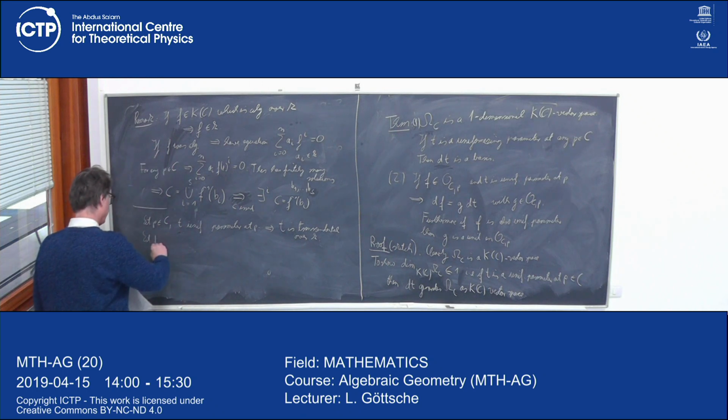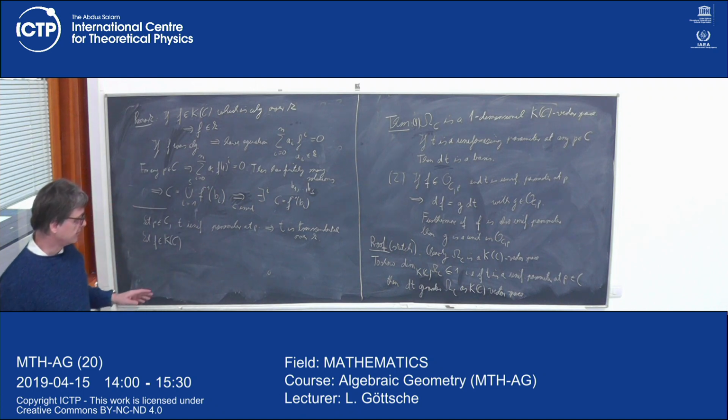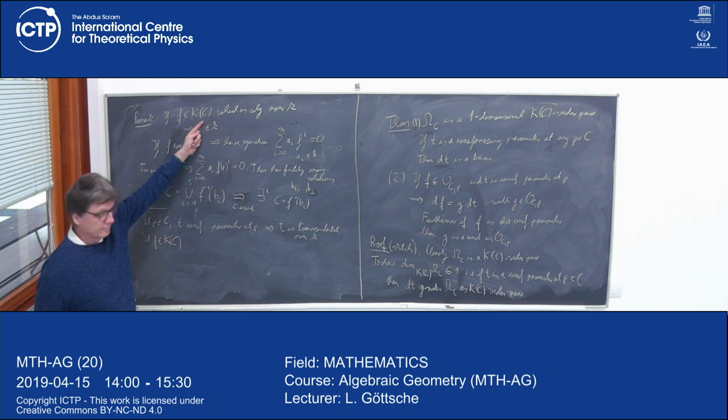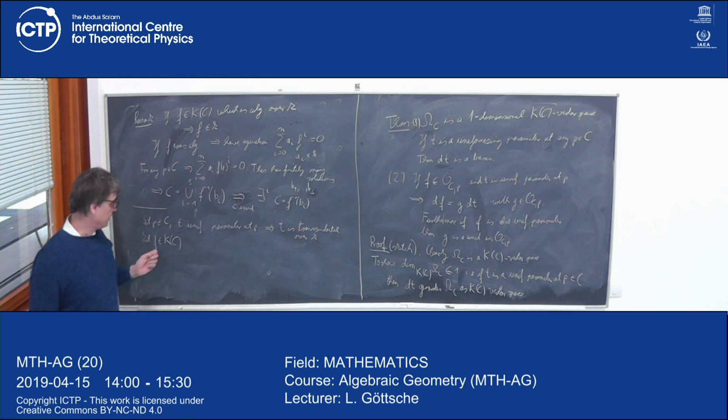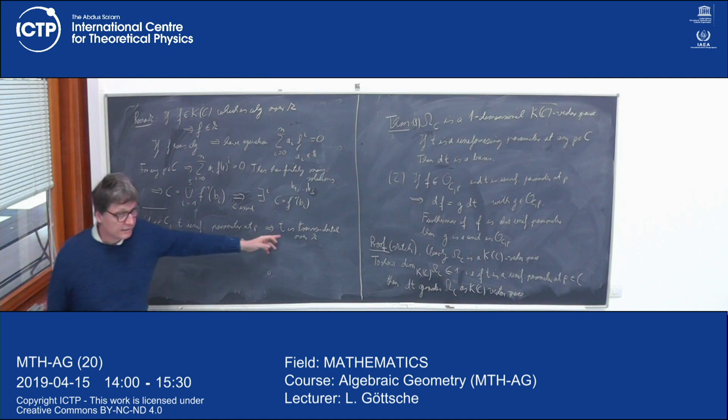Let f be an element in Kc. As the transcendence degree of Kc over K is 1, because it's a curve, it follows that f must be algebraic over K(t).